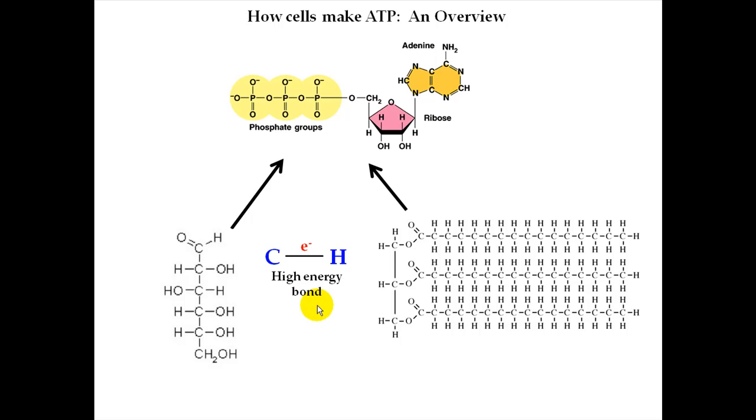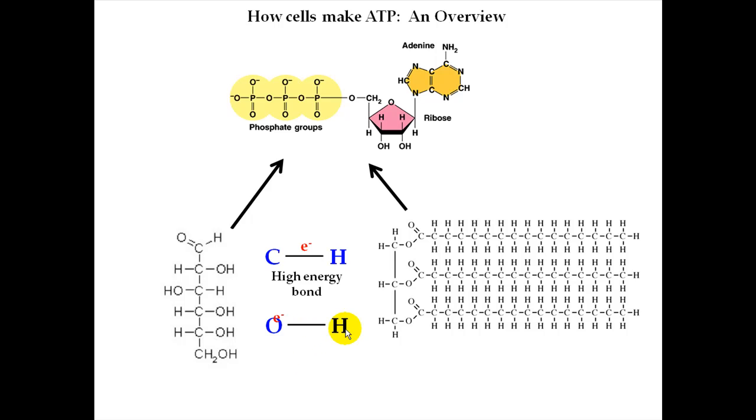On the other hand, if you have an oxygen to hydrogen bond or an oxygen to a carbon bond, those are considered to have less potential energy. And the reason why is because of the relatively high electronegativity of that oxygen compared to both hydrogen and carbon. So because of that different level of electronegativity, that means that if these 2 atoms were to share an electron, that electron would be spending more of its time around where the oxygen is.